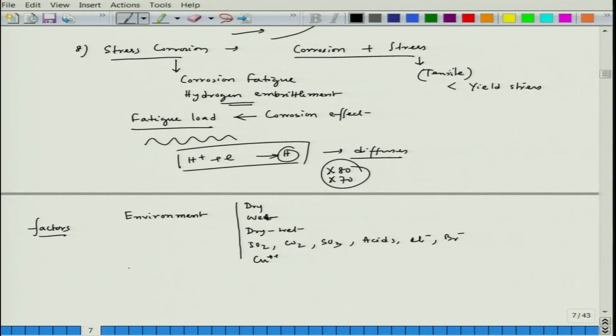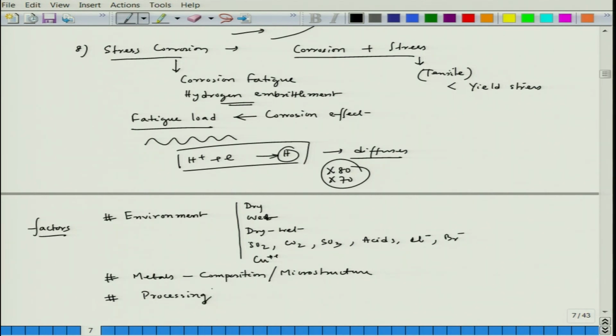Then there is the possibility of metal composition, microstructure. Then processing.